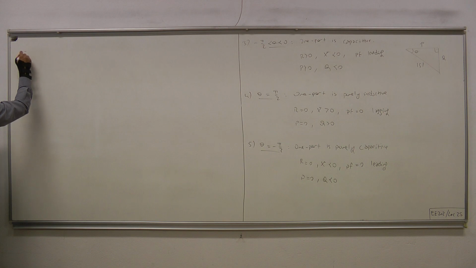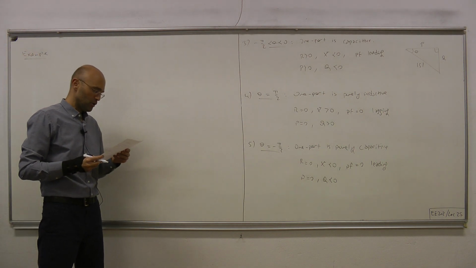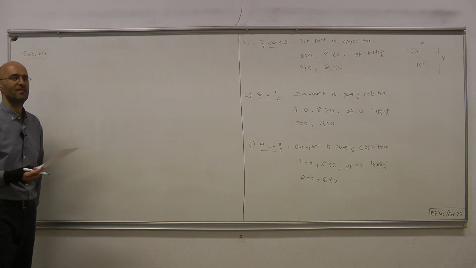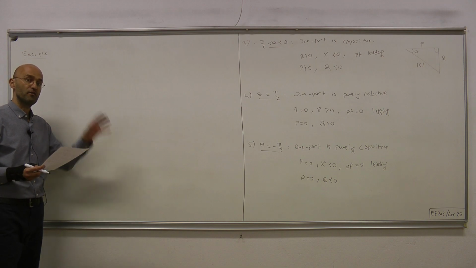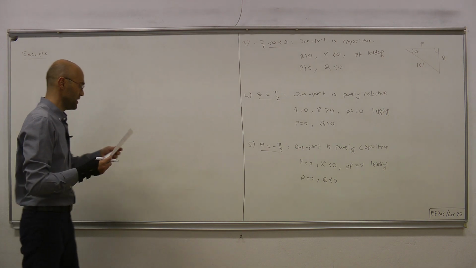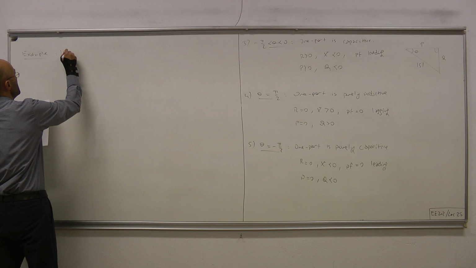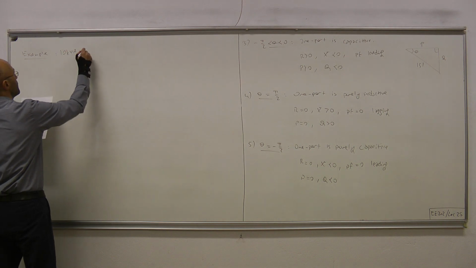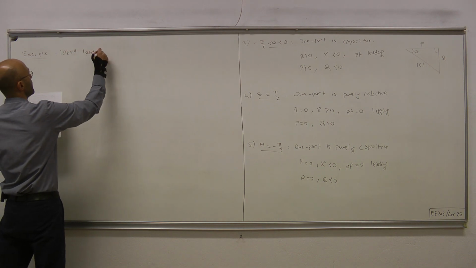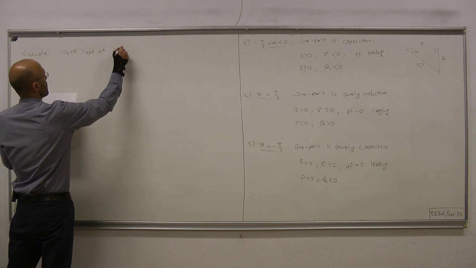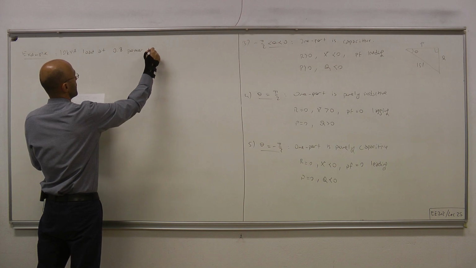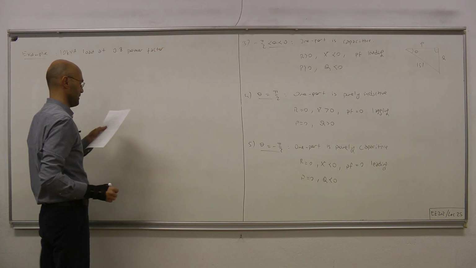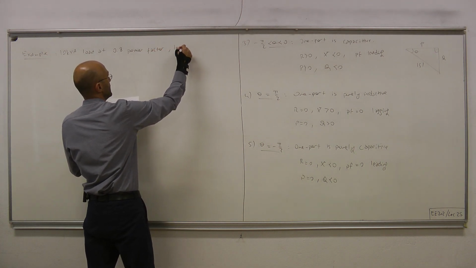For instance, if you hear somebody talking about a certain load at 10 kilovolt amps at 0.8 power factor, or if you read that in a data sheet, it means the following. Load at 0.8 power factor, comma, leading.